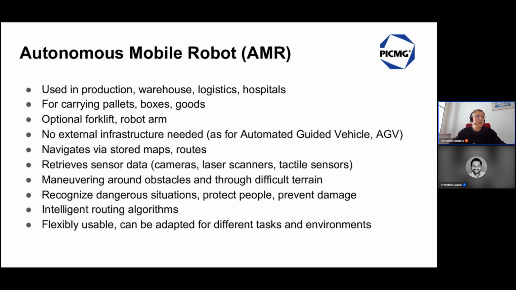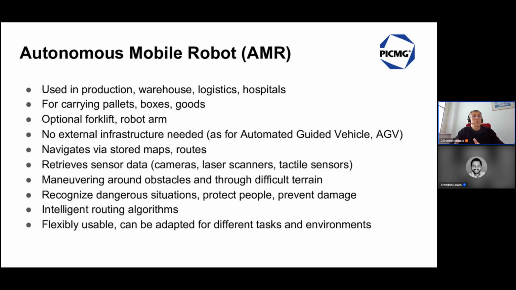They have probably stored maps inside and routes, but they also have additional sensors like cameras or laser scanners or tactile sensors in order to find their way through difficult terrain and maneuver around obstacles which lay in their path ahead of them. And they need to prevent any dangerous situation and protect people and prevent any sort of damage which could occur while maneuvering.